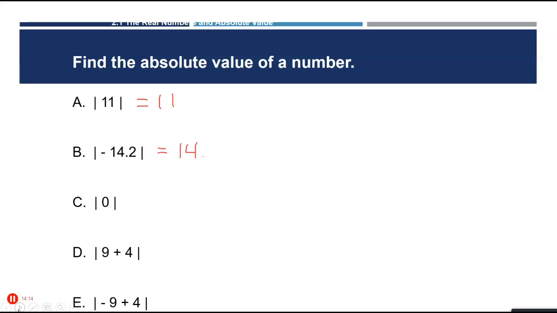So it's 14.2 units from 0 on the number line. How far away is 0 from 0 on the number line? What do we think? Zoe? Yeah. The absolute value of 0 is 0.